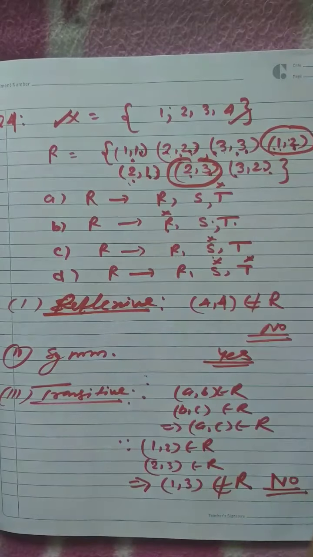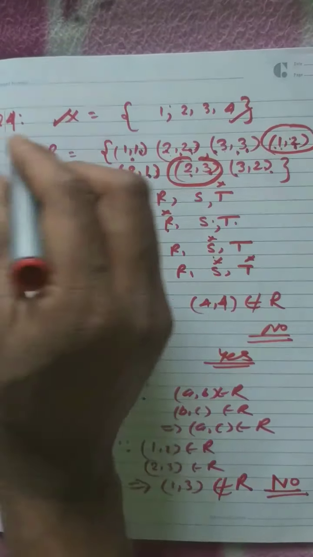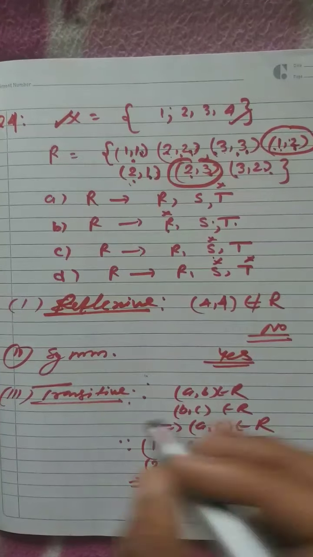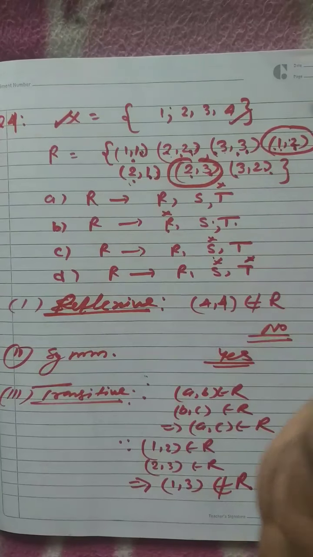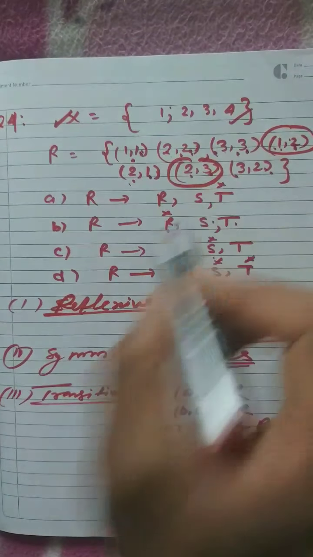In transitivity, (a,c) must be an element of the same relation.